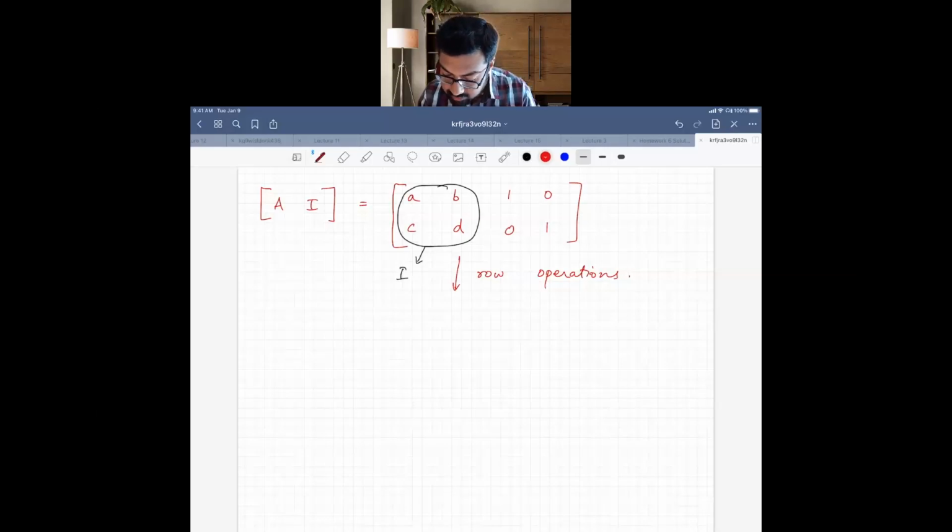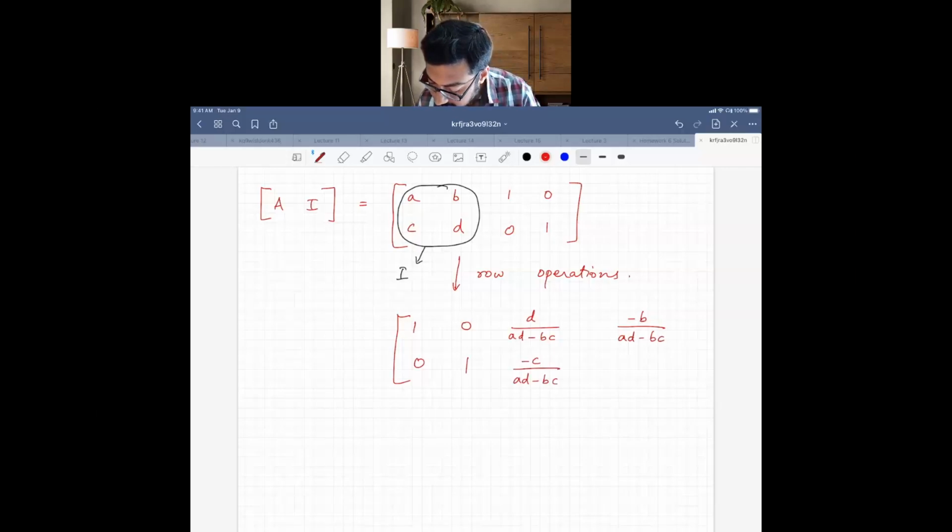So eventually you will get something like this. You will get 1, 0, 0, 1, provided it is invertible. If it is invertible, then you will get this 1, 0, 0, 1. And on the other side, and I know the answer, so I can write this, you will have D divided by AD minus BC, over here minus B divided by AD minus BC, over here minus C divided by AD minus BC, and over here A divided by AD minus BC.